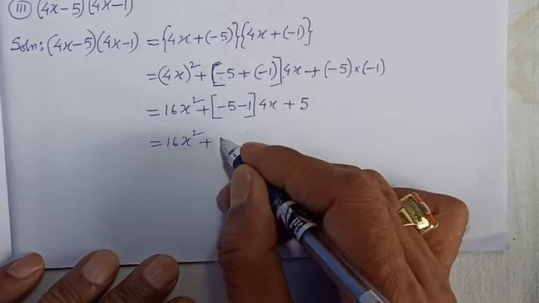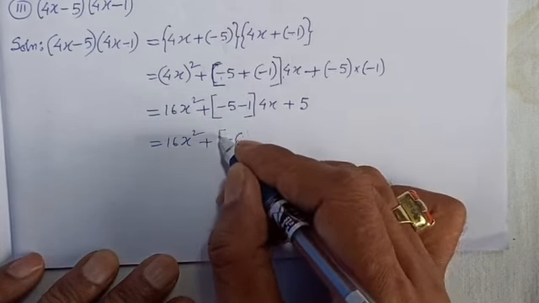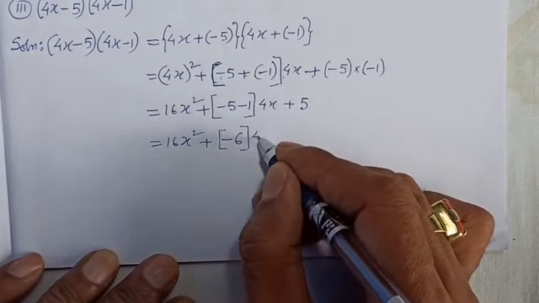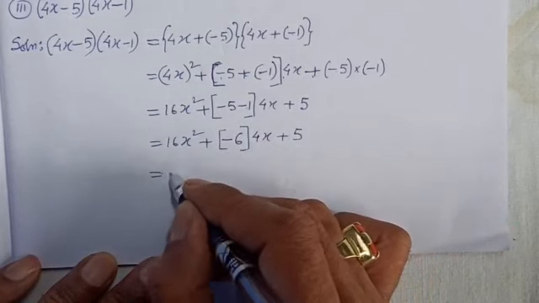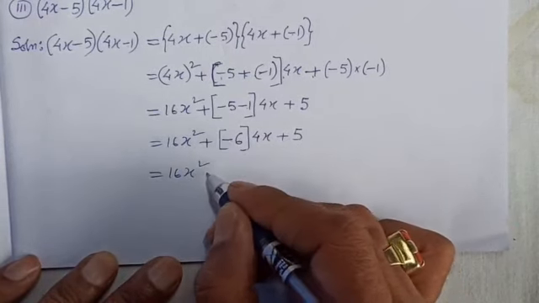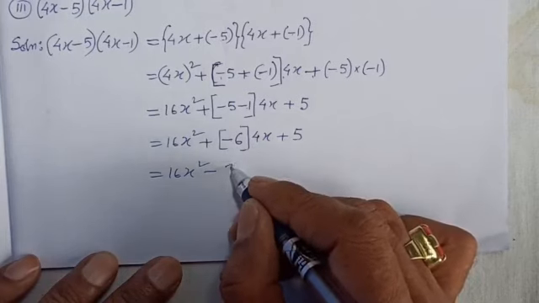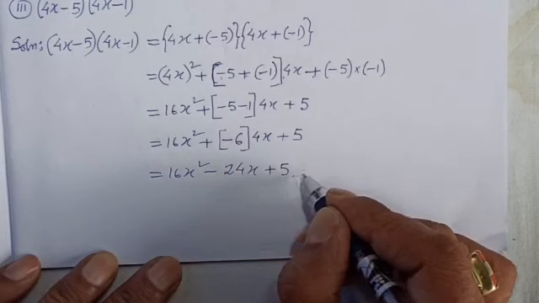If we add together, then we are getting minus 6, 4x plus 5. Then next steps. 16x square plus into minus is minus 6, 4 times is 24, x plus 5, and this is the answer.